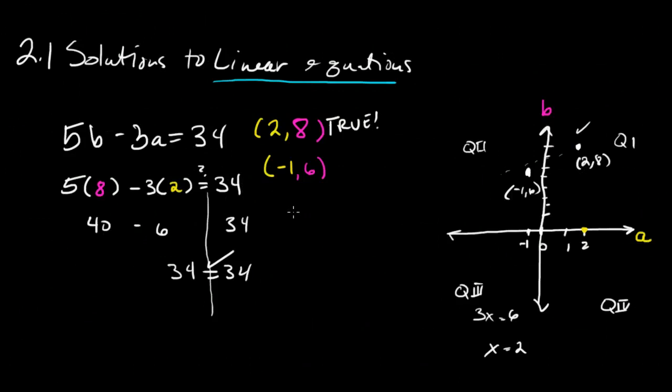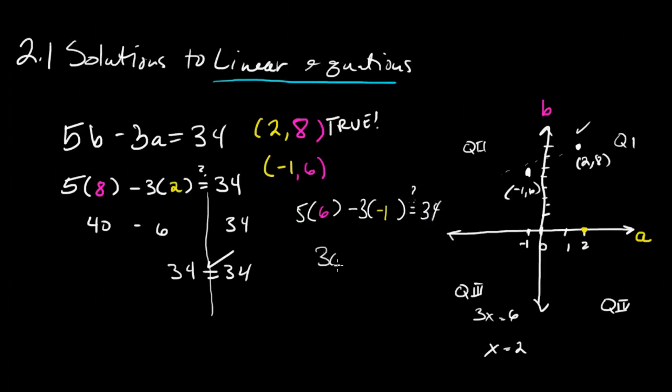We need to see if this statement is still true using the point -1, 6. So we'll say 5 times the replacement value of b, which in this case is 6, minus 3 times the replacement value of a, here -1. Does that equal 34? Let's take a look.